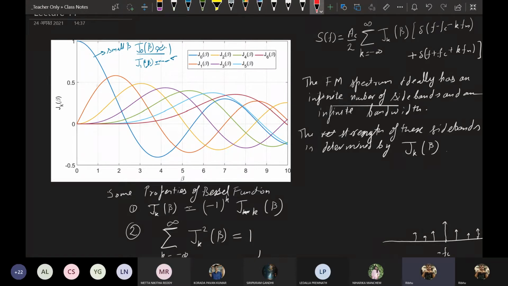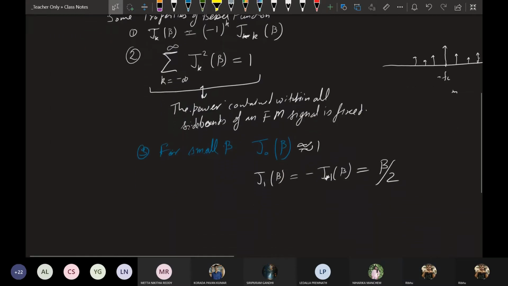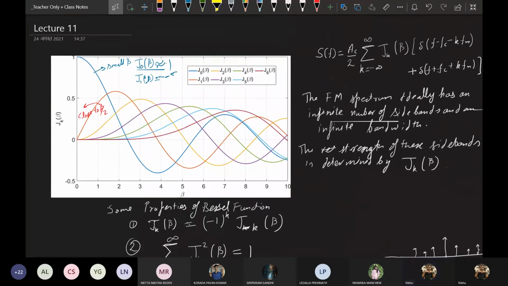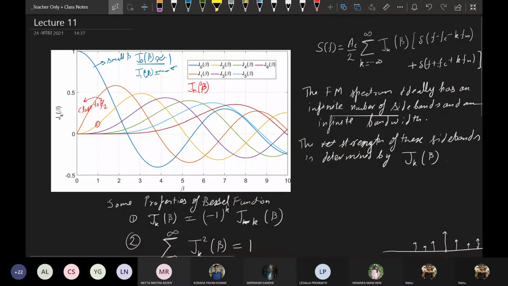Then I'll use the red one. The third property is, up to beta equal to 1, J2 beta, J3 beta, all Jn beta in this region are approximately 0 for n greater than 2. Fine.